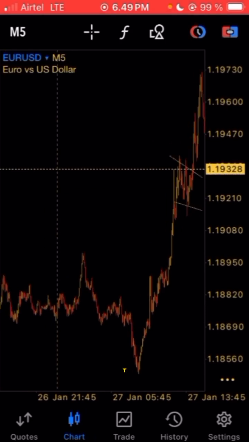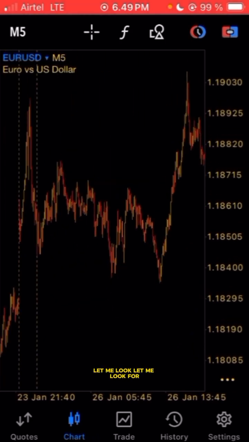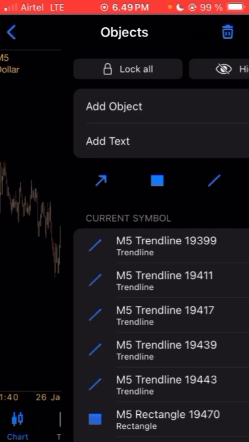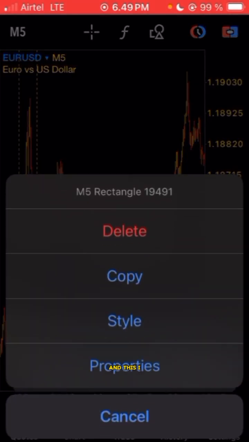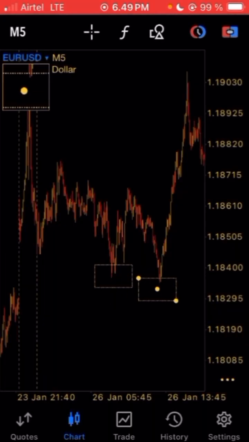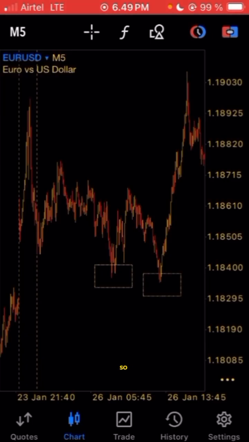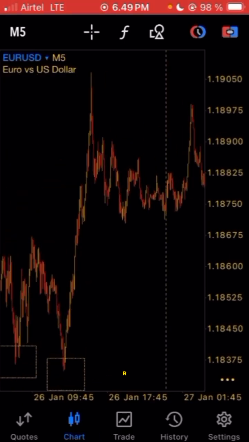The market looks like an M. Let me look for another example for you guys. Look at it here, a W. This is the first leg and this is the second leg right here. So that is one pattern from the chart patterns in price action, right?